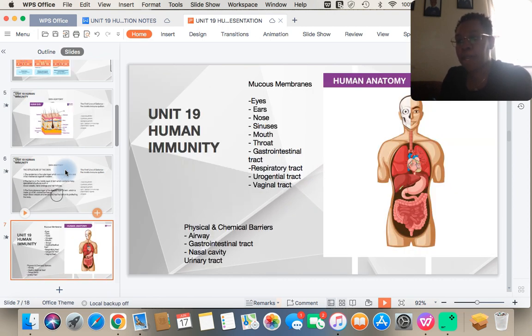Mucous membranes are chemical and physical barriers. They are the surface of our eyes, ears, nose, sinuses, mouth, throat, GI tract, respiratory tract, urogenital tract, and vaginal tract. They are the primary interface between the external and internal environment of our body.